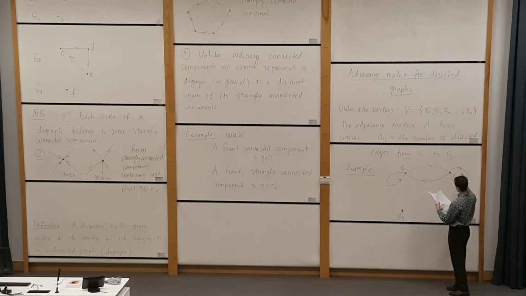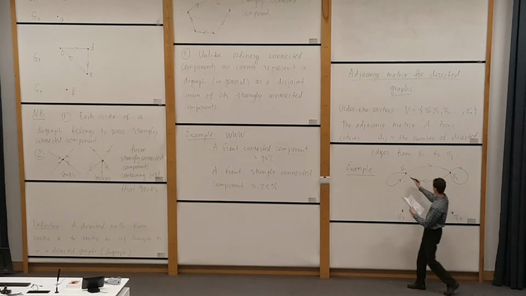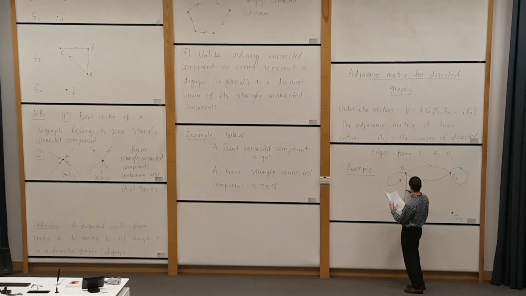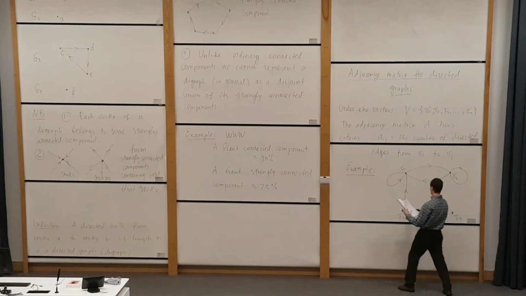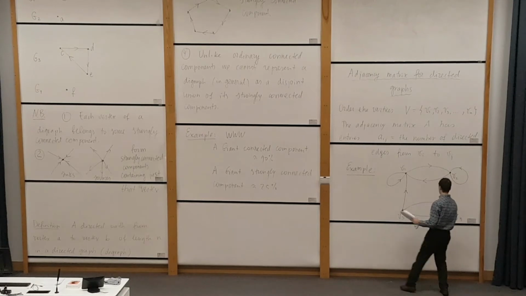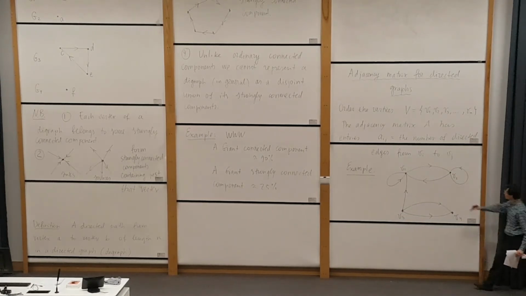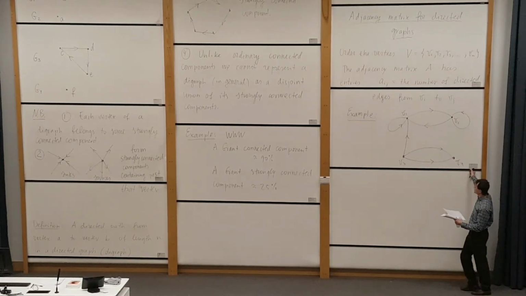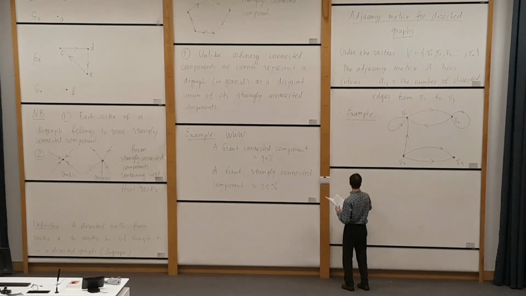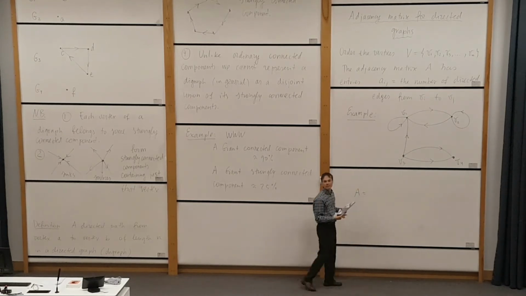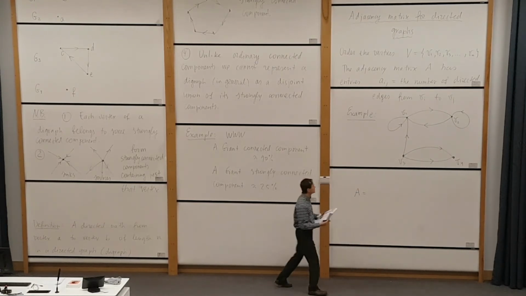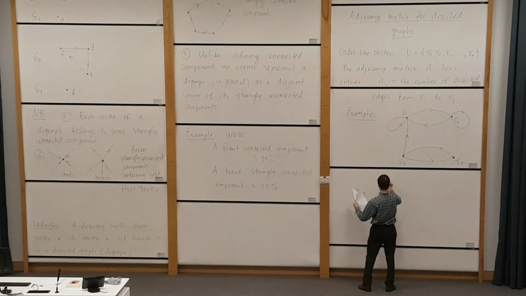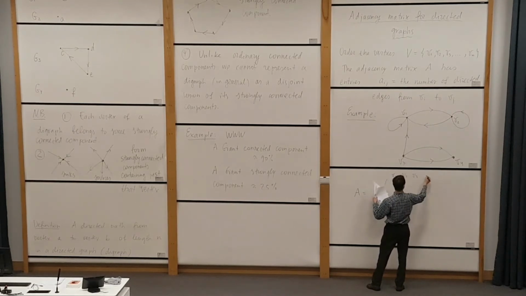Another is a loop on V2, and I have a directed edge from V3 to V1, and 2 directed edges both from V3 to V4. The arrows are like this. So my adjacency matrix A will be a 4x4 matrix because I have 4 vertices. I write for myself the labels.